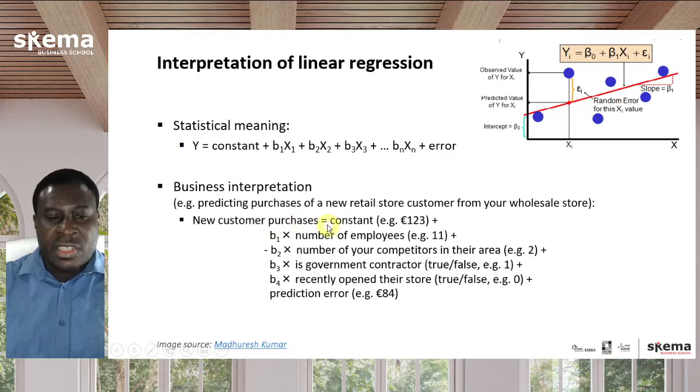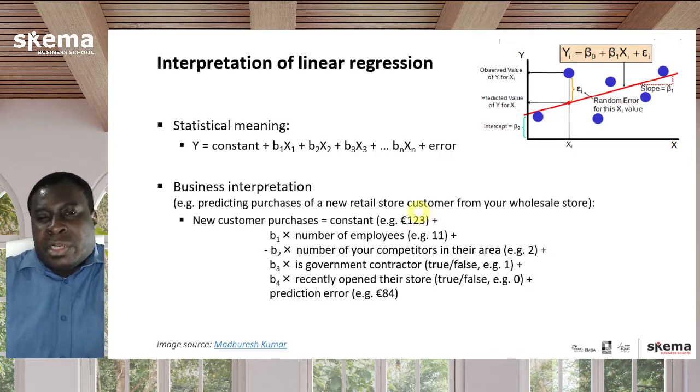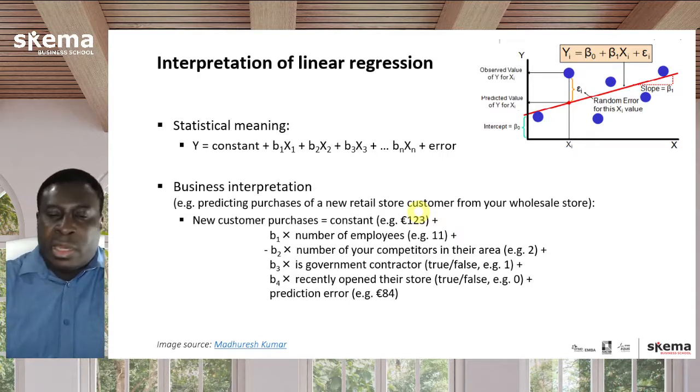So the y, what we're predicting, is the new customer purchases. And this equation says that to get a value for that, it equals, start with some constant, for example, 123 euros. You could think of this as saying that if the company is going to buy from us, let's say baseline, they'll buy at least 123 plus or minus. Not exactly, but that's a way to think about it.